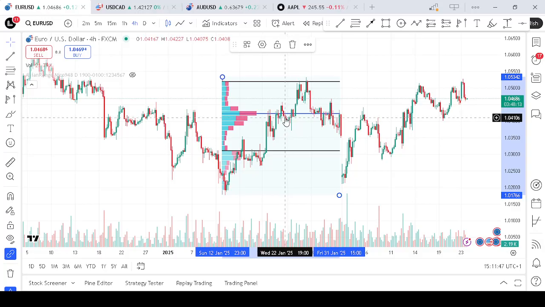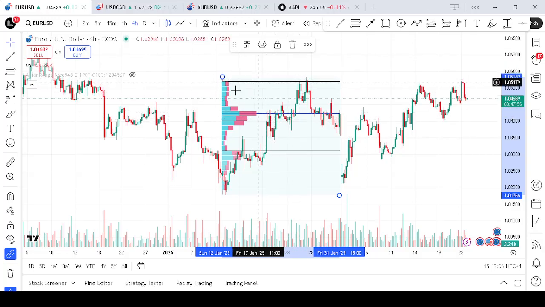Now the fourth way to use this FRVP indicator is by identifying the high and low volume nodes. The high volume nodes indicate the strong areas of support and resistance. These are the high volume nodes.